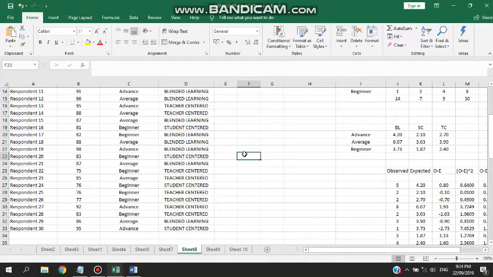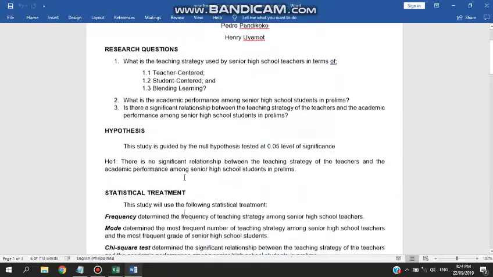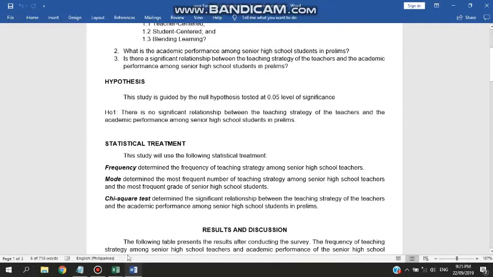So same way we did with tabulation video for categorical variable, you were going to conduct a chi-square test. So for chi-square test or two categorical variable, it's frequency and mode, chi-square test.